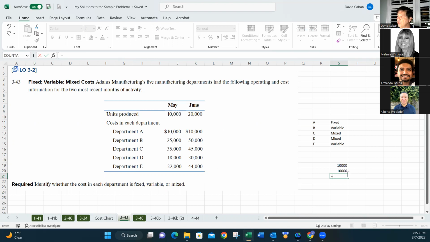Now, if the variable cost per unit is $1, and at 10,000 units you had $35,000 in cost, then what's the total variable cost here in this 35,000? 10,000, which means that the fixed must be how much? 25. 25, perfect. Okay, so that's the high-low method. I wasn't going to do it, but I can't help myself.